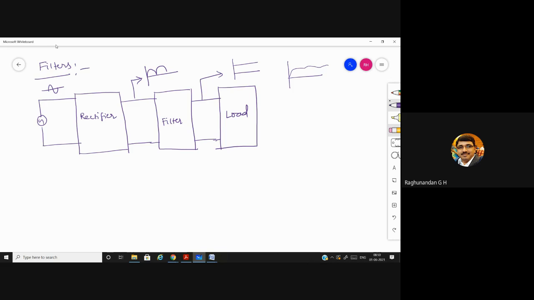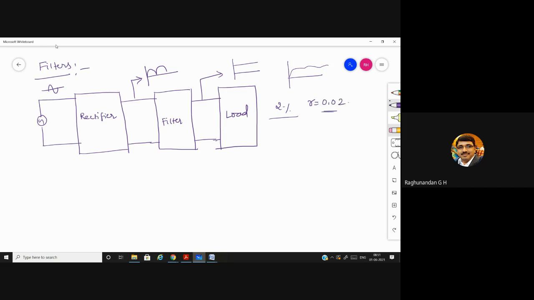Also in filters, we have an option to decide the ripple value. If you are okay with 2% ripple, that means if 2% of AC is present in the DC output, we are okay, then this will be taken as the ripple value 0.02.